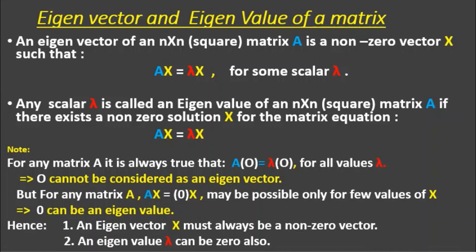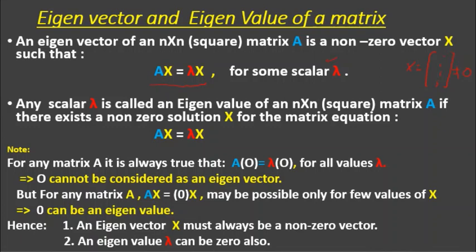An eigenvector of an n by n matrix A. So n by n matrix, compulsorily it is a square matrix. An eigenvector is a non-zero vector x. So the vector should be a non-zero vector, that means a column vector x, such that Ax is equal to lambda x for some scalar lambda.